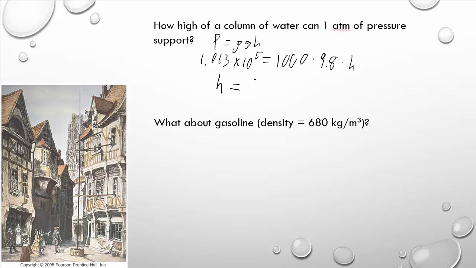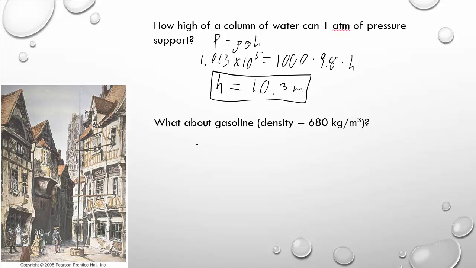Turns out that we get not 76 centimeters, but 10.3 meters high, so 30 feet high. Nice big giant column of water. Now if we have something even less dense, gasoline is less dense than water, that's why it floats on top.